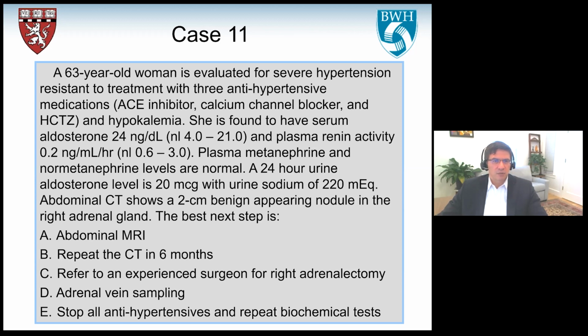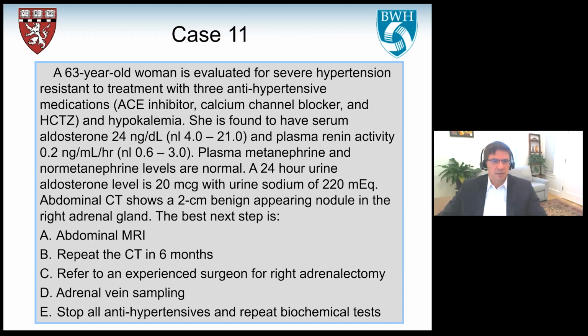Plasma metanephrine and normetanephrine levels are normal. A 24-hour urine aldosterone level is 20 micrograms with urine sodium of 220 milliequivalents. Abdominal CT shows a 2 centimeter benign appearing nodule in the right adrenal gland.